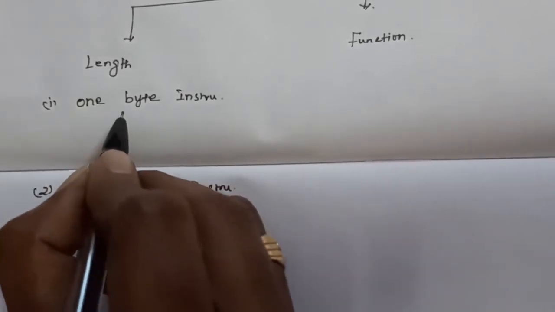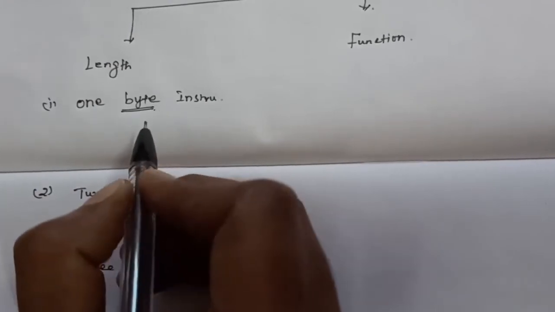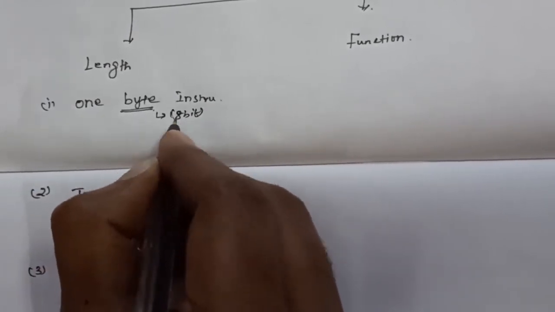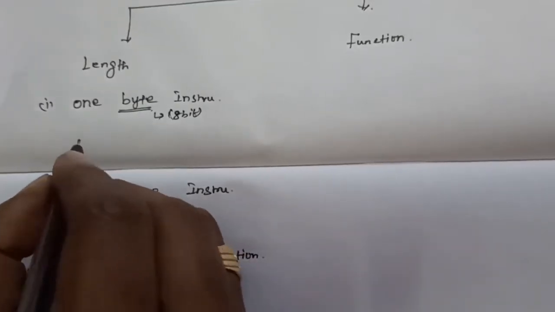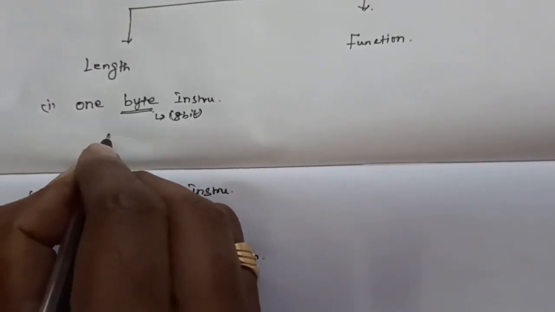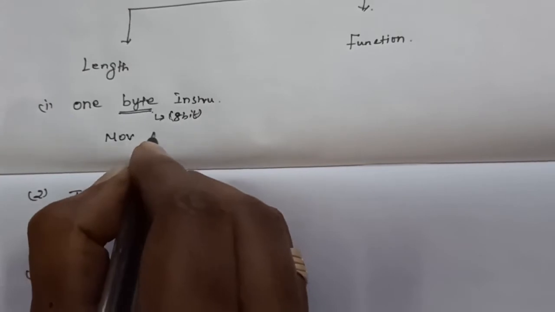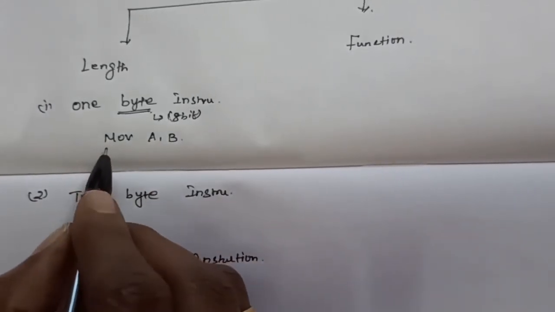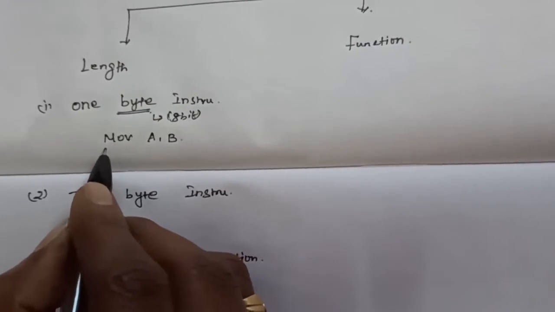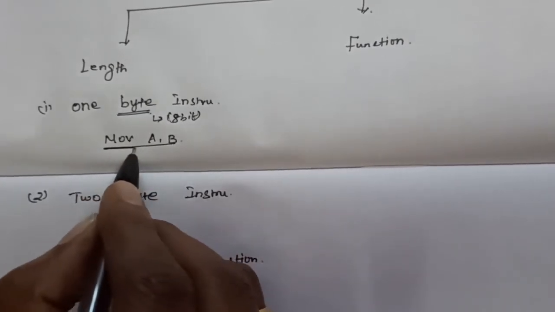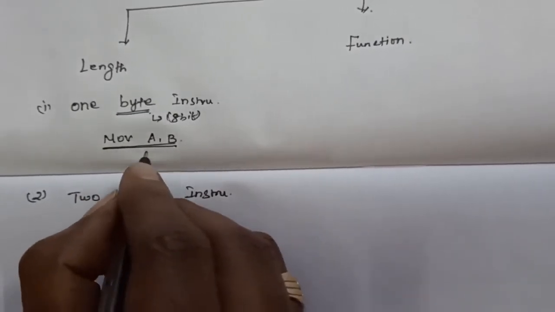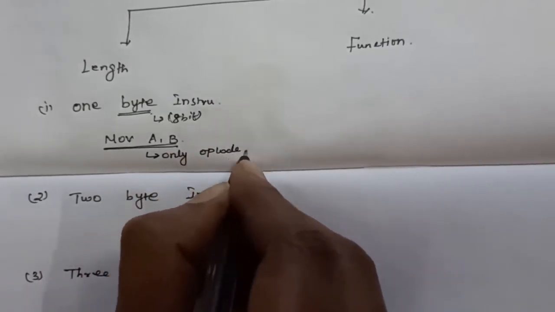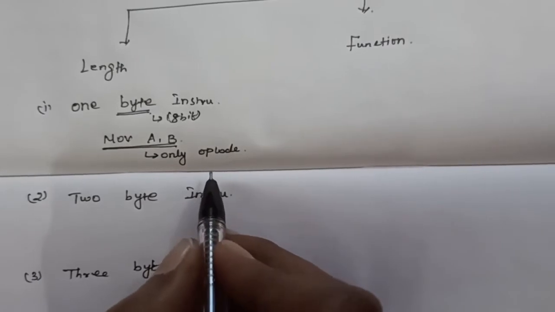Okay, so generally the byte is called as 8 bit. Example of 1 byte instruction, MOV A comma B. In this 1 byte instruction only opcode is present, there is no operand.